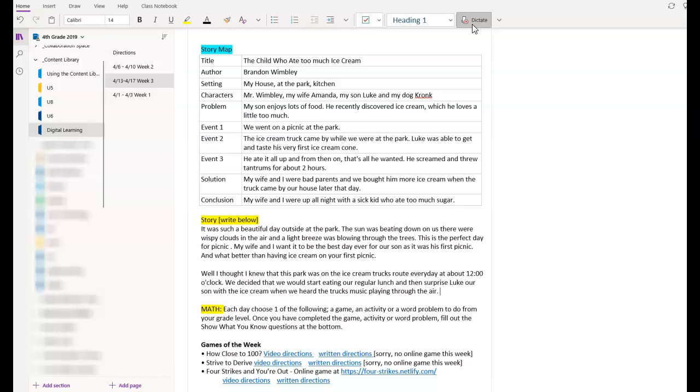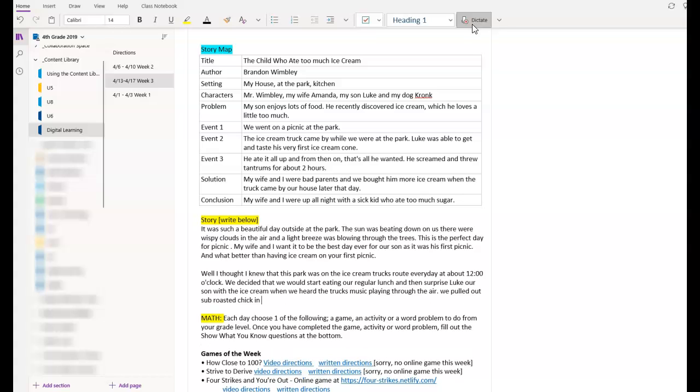We pulled out some roasted chicken, some salad, and some strawberries that had been soaked in sugar overnight.